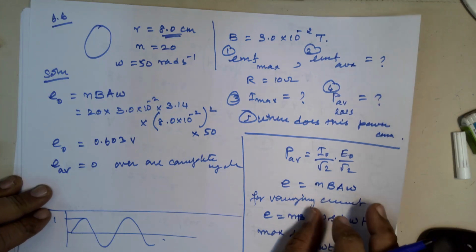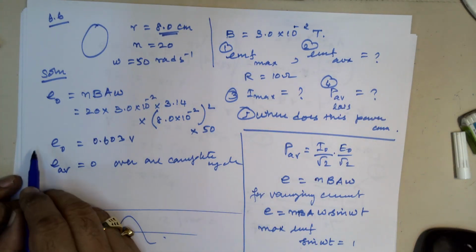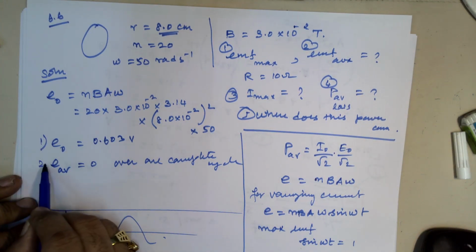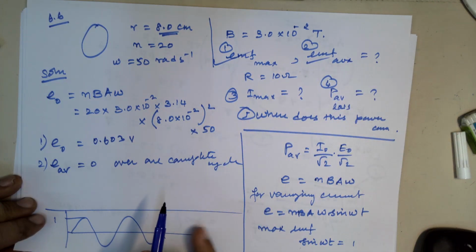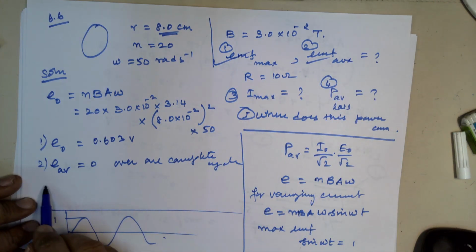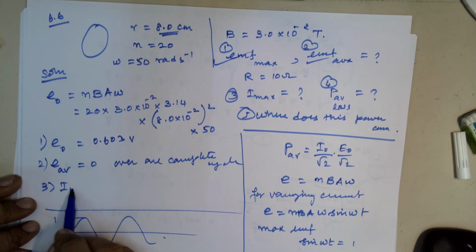Then what is the next question? We have given the first and second answers. Third one, what is I max? That is I naught.